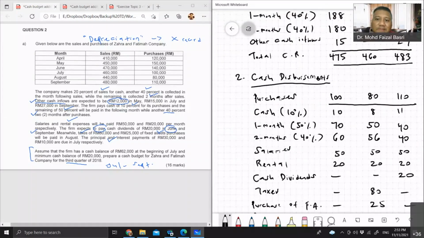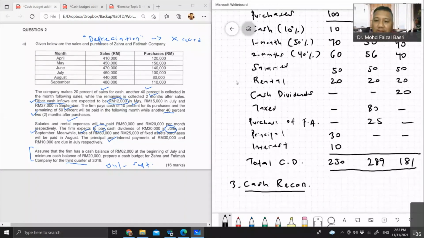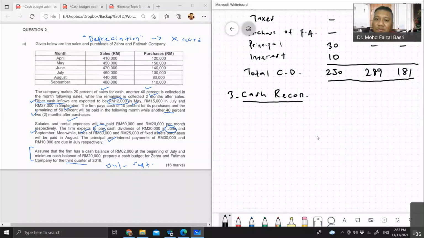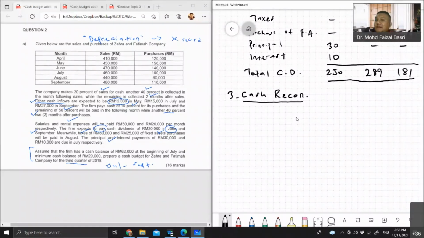For example, cash is not necessarily in the question, some questions don't have cash. They go straight to 1 month, 2 months, 3 months. Some questions don't include rental. So we don't have fixed information. But for cash reconciliation, we have fixed items. You have to remember, we have 5 different items.